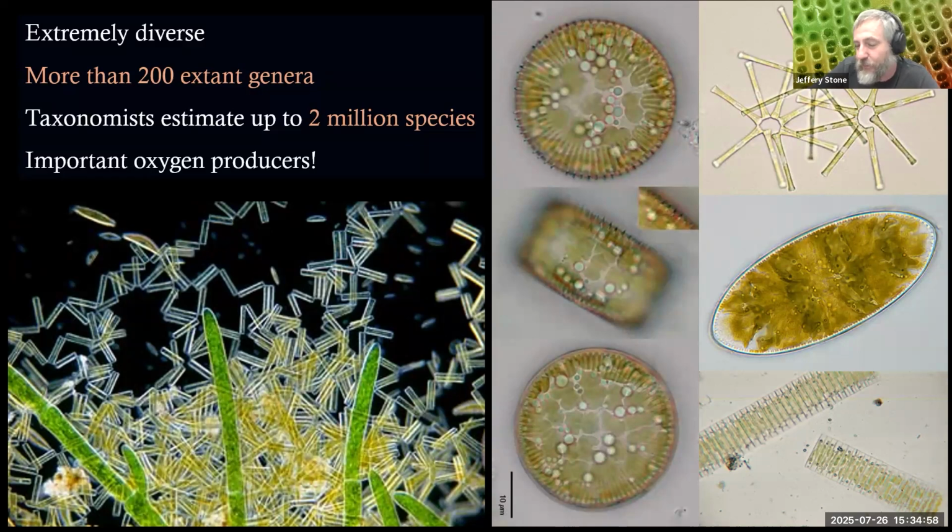I think the known published number is closer to 30,000, but there are a lot of unknown species out there, and that makes my work an interesting combination of doing ecological reconstructions and also running into an endless number of new diatoms, especially when we work in environments that are underexplored.